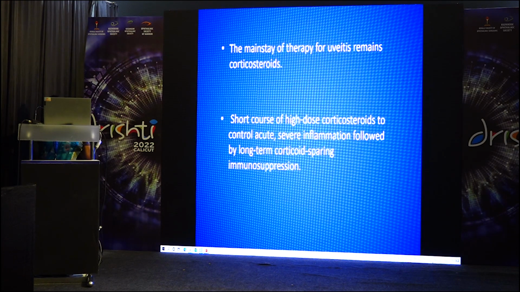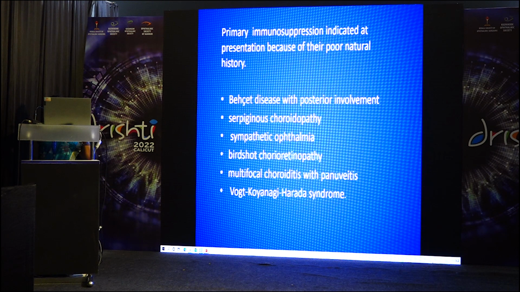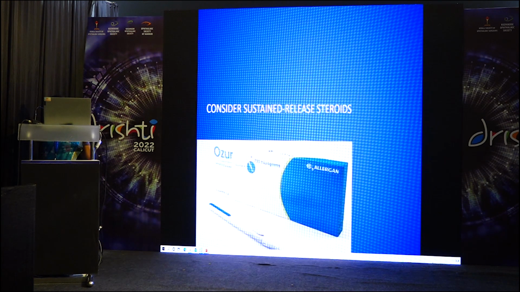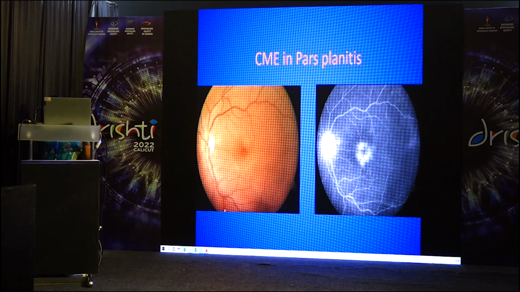Even though the mainstay of therapy remains corticosteroids, after a short course of corticosteroids to control acute severe inflammation, treatment should be started with long-term immunosuppressants. Primary immunosuppression is indicated in certain conditions like Behçet's, serpiginous, sympathetic ophthalmia, birdshot, and VKH. Consider sustained release steroids like Ozurdex in conditions like chronic CME in pars planitis.